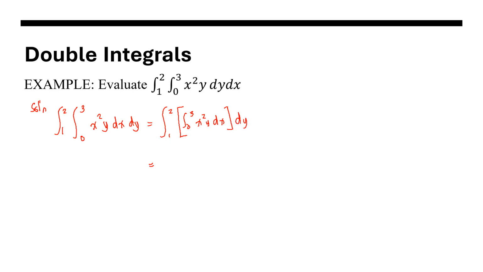So you have the integral from 1 to 2, and then you have here x cubed over 3 times y from 0 to 3 dy.